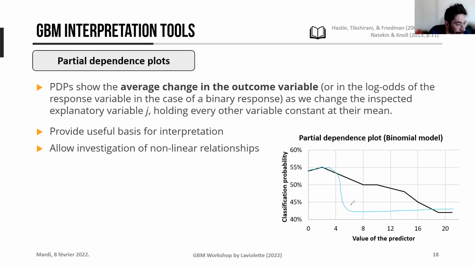So you would see that past 6 here, you wouldn't have any more change to your outcome probabilities. This is the strength of those partial dependence plots. It allows us to investigate if there are threshold effects and nonlinear relationships between our predictors and our variable. And we can draw these partial dependence plots, one plot per predictor in our model.